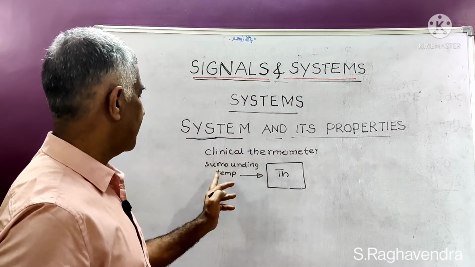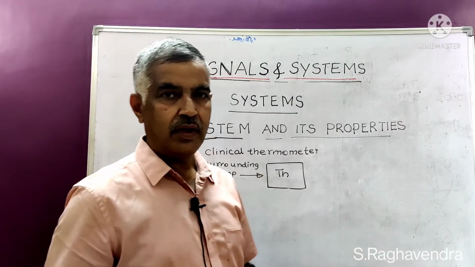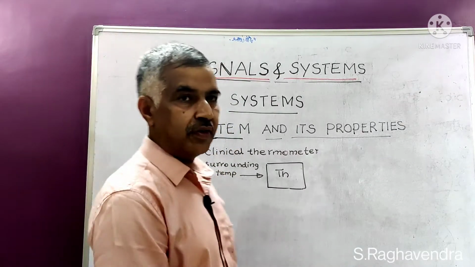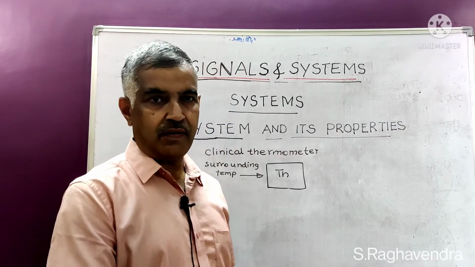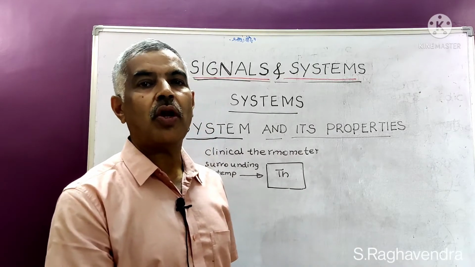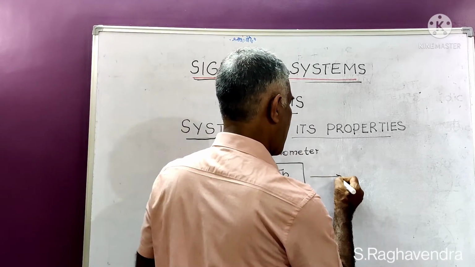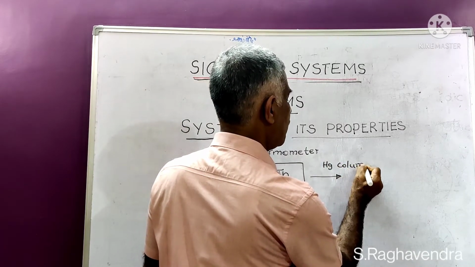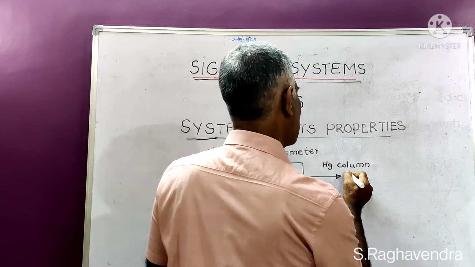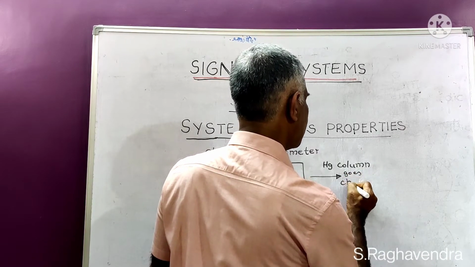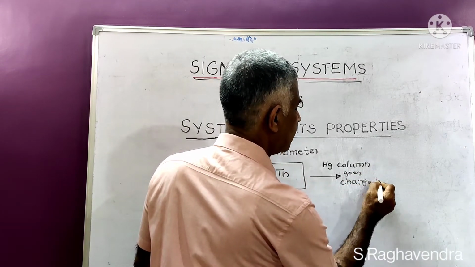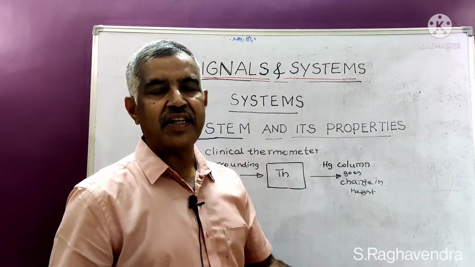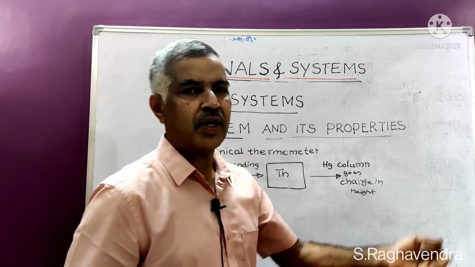So the thermometer is sensing surrounding temperature, and it responds to this surrounding temperature by a variation in the height of the mercury column. The mercury column undergoes change in height. That scale is calibrated in terms of temperature.